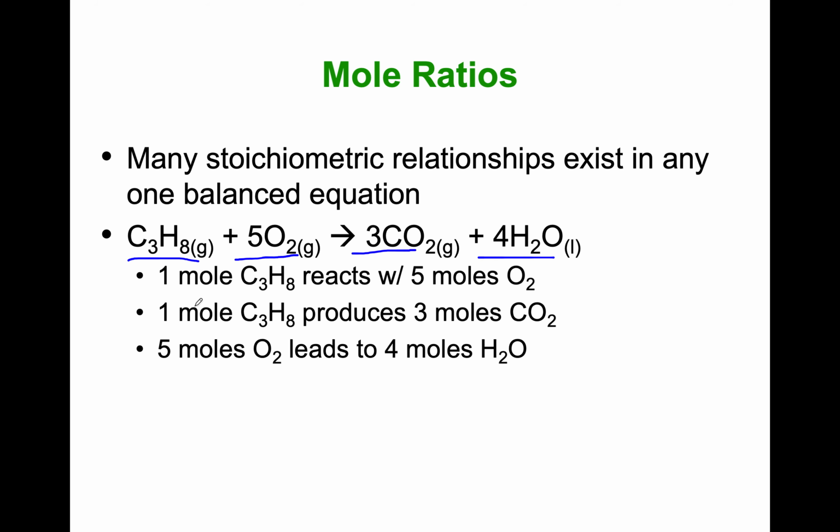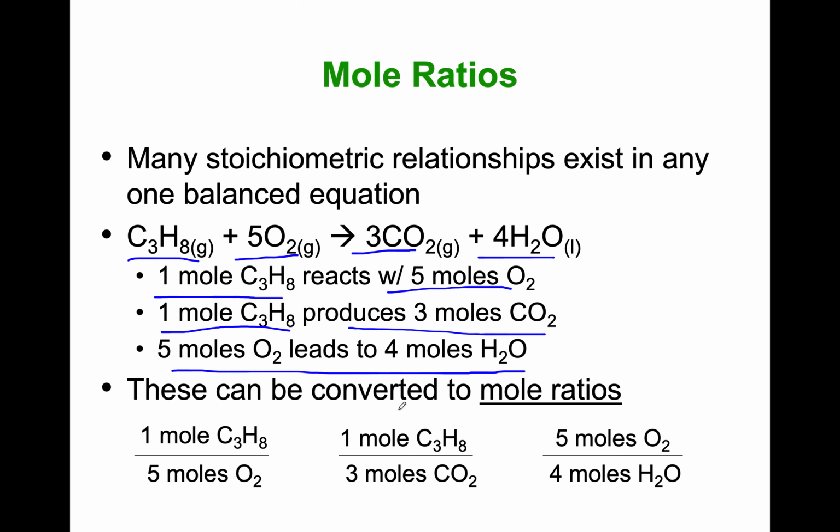And we've got lots of relationships. 1 mole of propane reacts with 5 moles of oxygen. 1 mole of propane produces 3 moles of carbon dioxide, or 5 moles of oxygen leads to 4 moles of water. So we have lots of relationships. That gives us our ratios. No matter what is being asked, you can look at the balanced chemical equation and get these ratios.